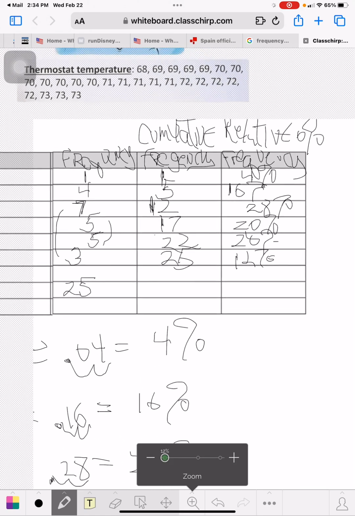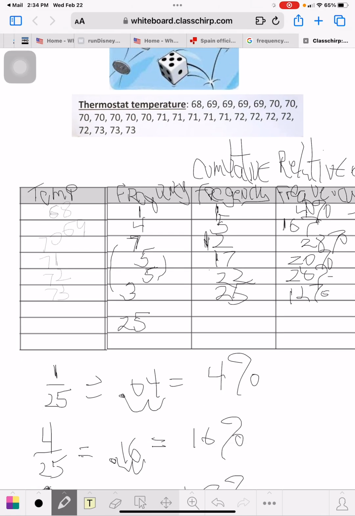So now what you just did, if you look at your chart and at what they gave you for data, as you look at the thermostat temperatures, don't forget, you're not going to ask these people and get the first guy to say 68, the second guy to say 69. These people are going to be all over the place. You put them in order. So the first guy might have said 73, or he might have said 72, but now you arrange them in an order. But even that is a hard thing to read.